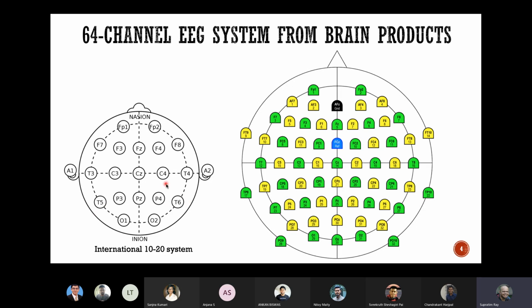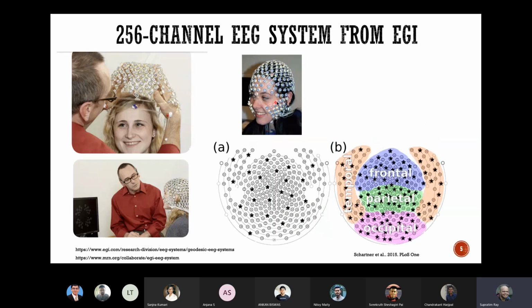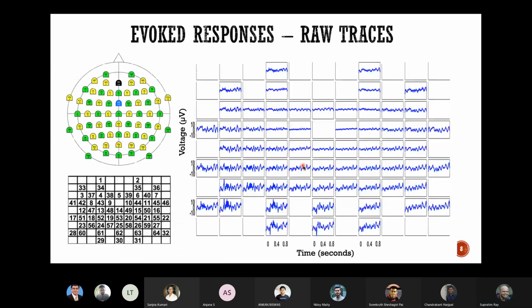Okay, and then the 10-20 system, that's the idea that you can measure with a tape what the approximate locations are and then just part the hair there, put some gel, stick the electrode and put some tape. And that's what traditionally people have done. Nowadays there are caps, so you just put a cap like so and it will have some holders to place the electrodes and then you have a good idea where the electrode locations are.